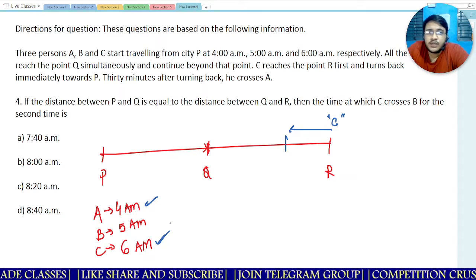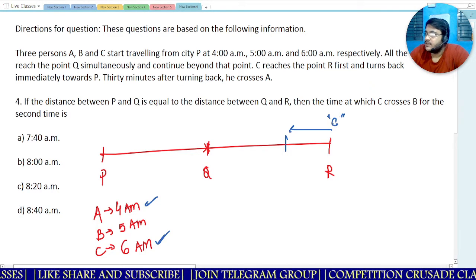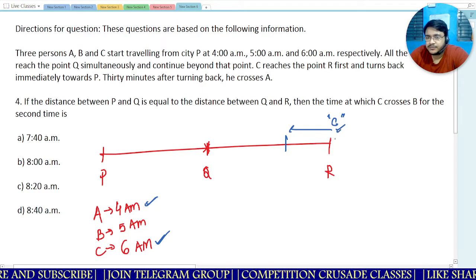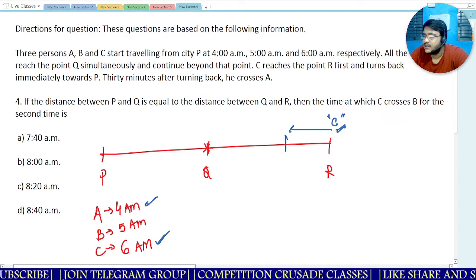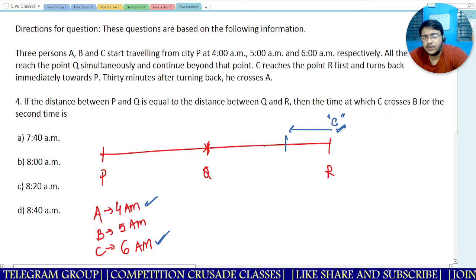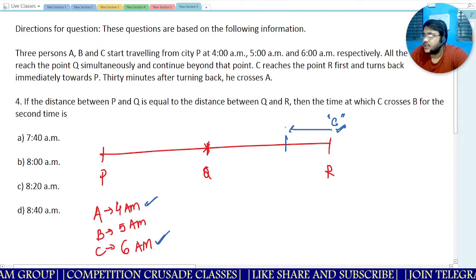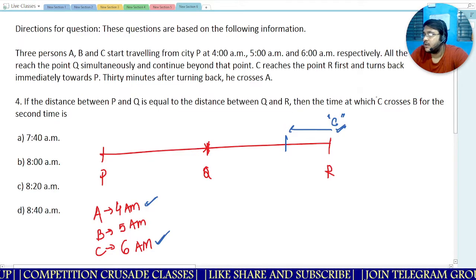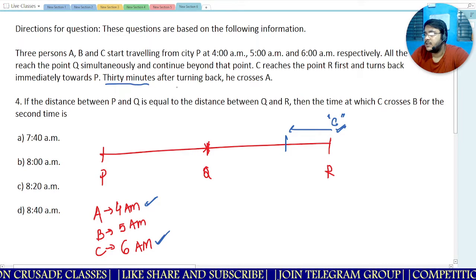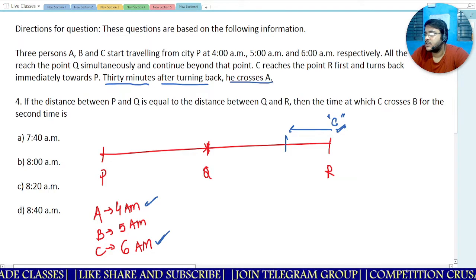So what we need to understand is that C has a faster speed, and the others have slower speed in comparison. The question has told me that 30 minutes after turning back he crosses A.